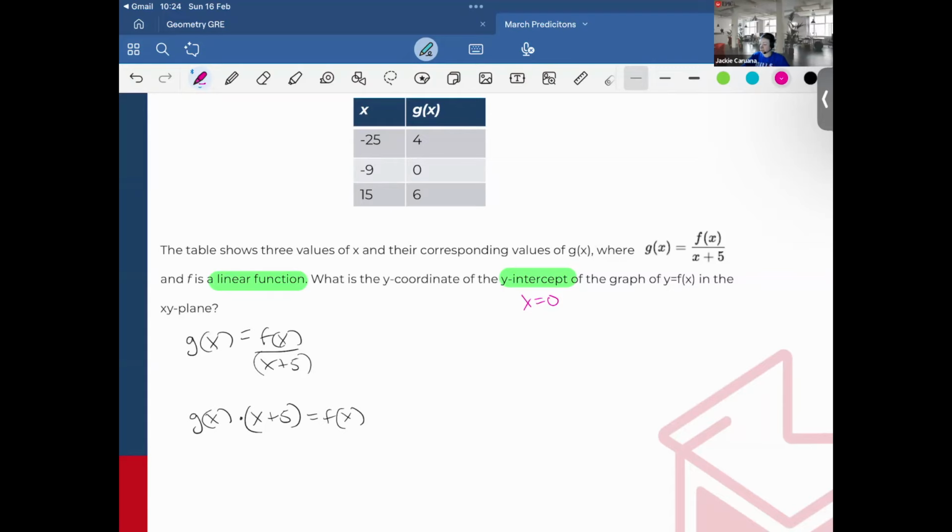Now, I take the coordinates negative 25 and positive 4, and then I can substitute them in. Because what this is telling me is for x equals negative 25, g of negative 25 is equal to 4.